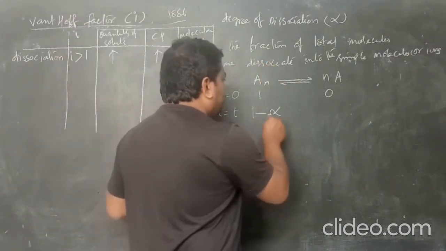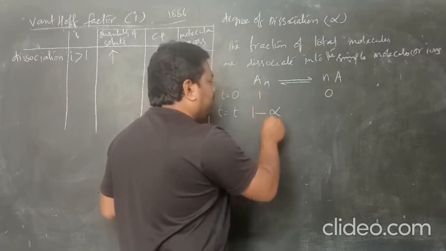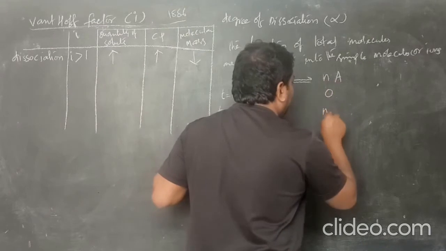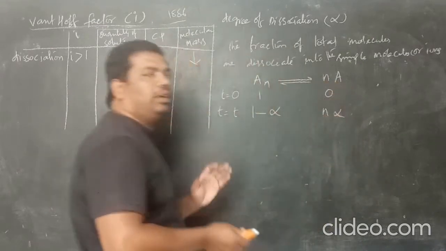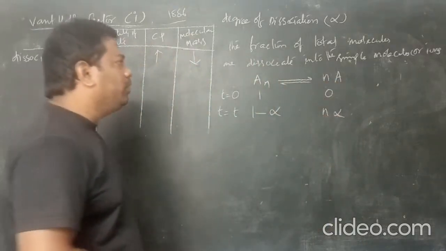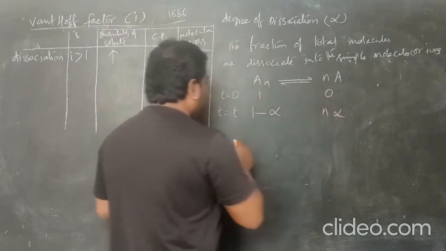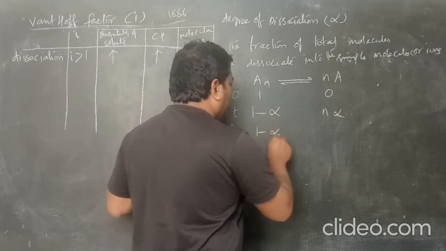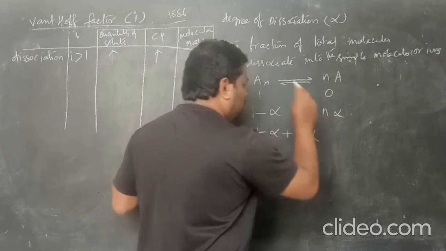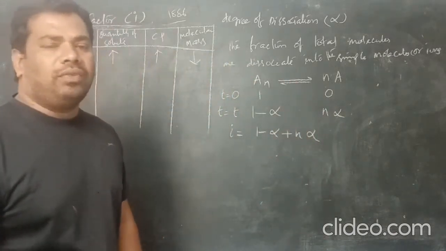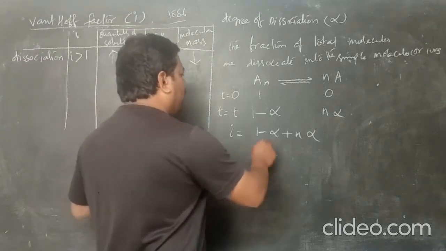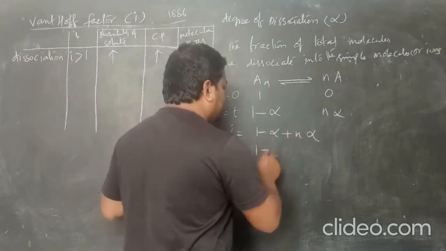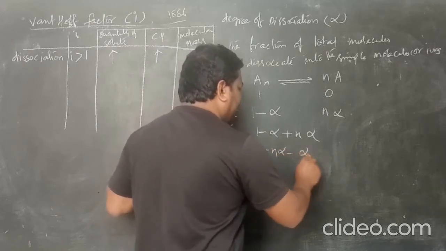So the concentration of reactant is 1 minus alpha, and it forms n moles times the degree of dissociation, n alpha. So therefore i is equal to 1 minus alpha plus n alpha. So i is equal to 1 plus n alpha minus alpha.